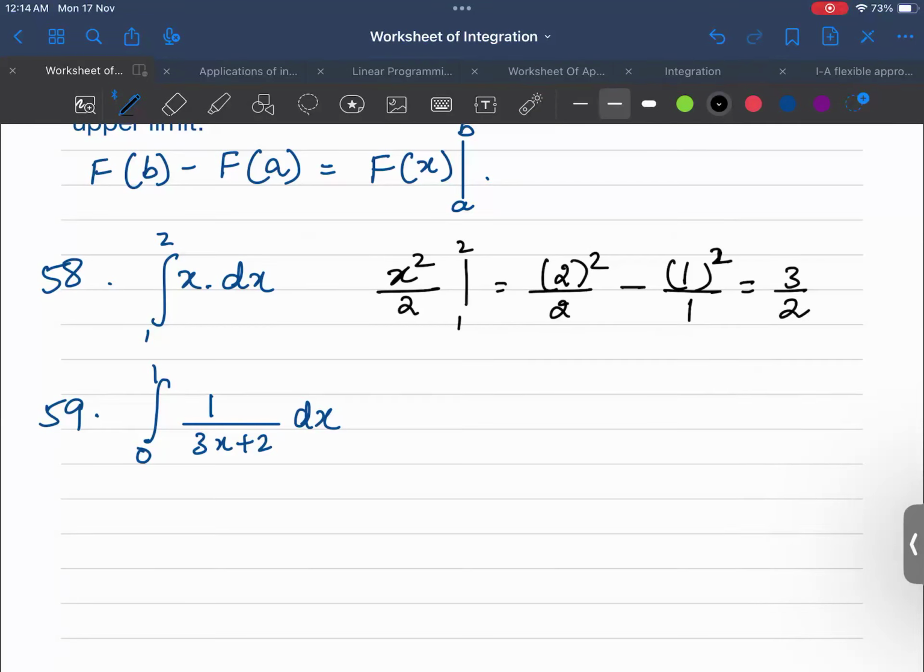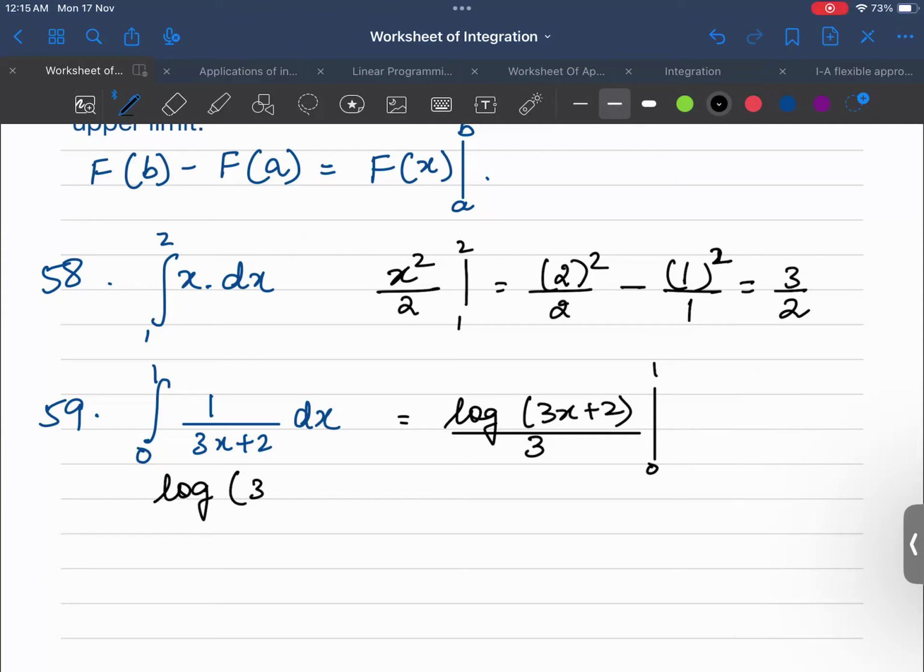Is that clear? Now question number 59, integration of 1 upon 3x plus 2, going from 0 to 1, the upper limit. We will do simple integration first of all. It would be log of 3x plus 2, divided by 3. We have already done this type of question and we have done the special formulas for this. 0 to 1. Now we will put the value of x as the upper limit and subtract the value at the lower limit.